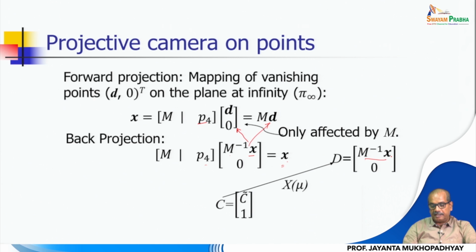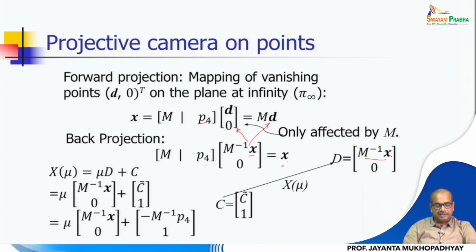So this is the direction, and this is a point at infinity. The parametric representation of this straight line in the three-dimensional coordinate system can be expressed in this form, where mu is the parameter: mu into d plus c. This is one representation. You can see it as mu into M inverse x 0 plus c tilde 1, where c tilde is the three-dimensional coordinate of the camera center.